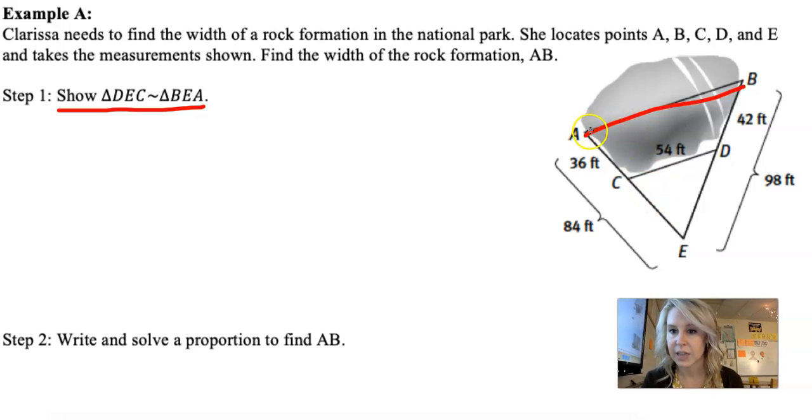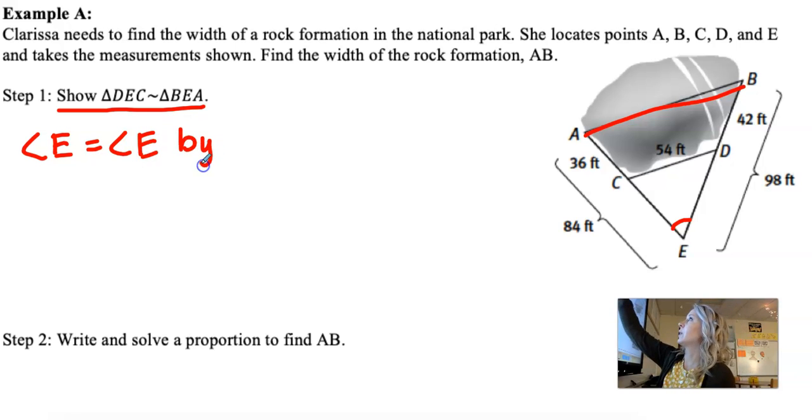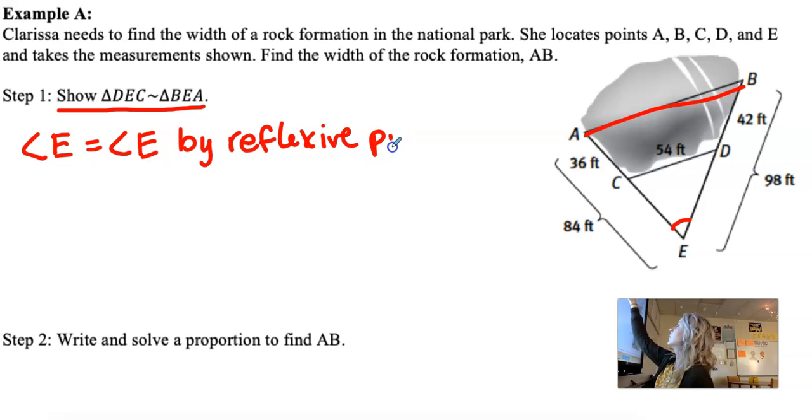And so if you notice, I have a triangle on top of another triangle, and so that means they are sharing angle E, which is kind of like the reflexive property. So if you have something on top of something, you know they are going to be sharing that piece if you split it apart. So because angle E is going to be equal to angle E by reflexive property, that gives me an angle, okay?